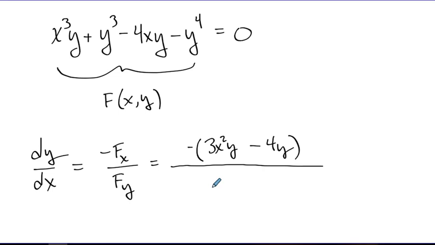In the denominator, a derivative with respect to y. So the x cubed is a constant. This will give me 3y squared. A derivative with respect to y here gives me minus 4x. And then the derivative with respect to y here just gives me minus 4y cubed.